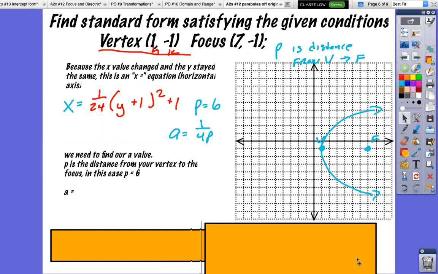So look at which one is changing. To find your a value, find the distance from your vertex to the focus. On your homework, it kept saying something like use the distance formula. Guys, you don't need to use the distance formula. How far is it from the vertex to the focus? That's it.